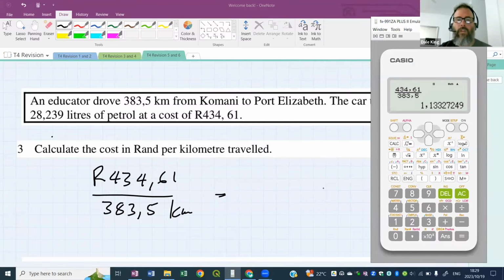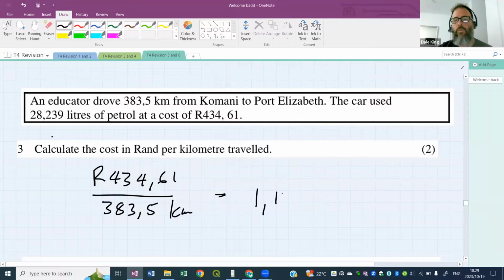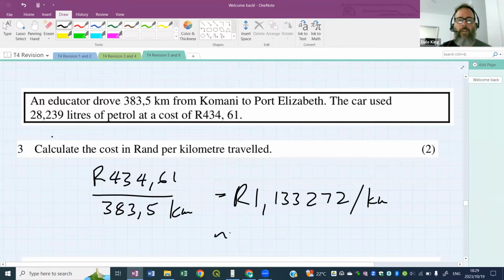That gives 1.133272 rands per kilometer. And we're going to round it off. Looking at the second decimal of the 3, it does not change, so it's just 1 rand 13.